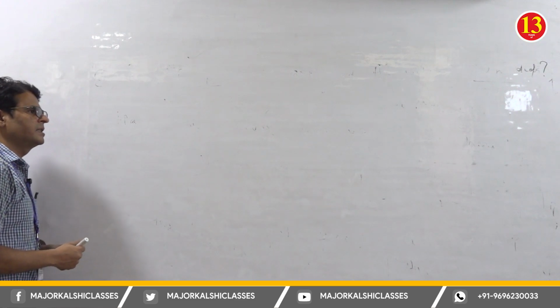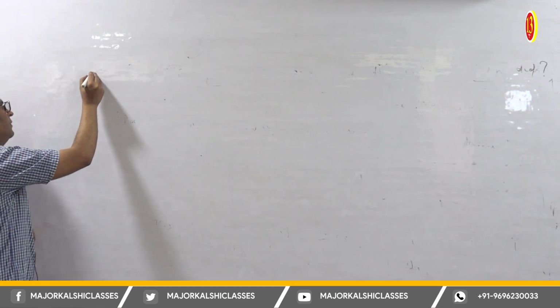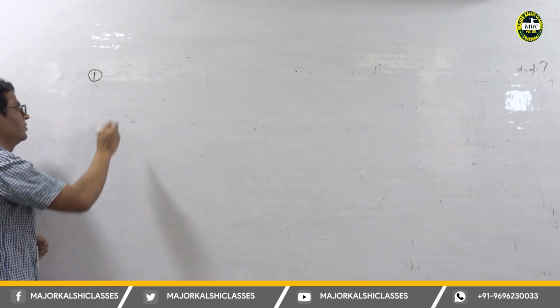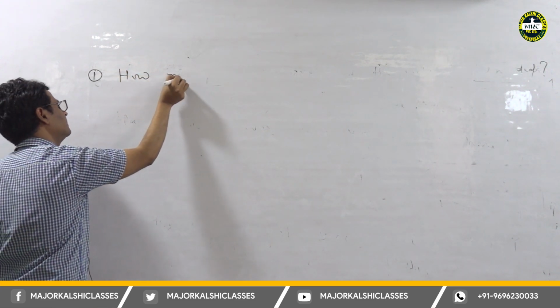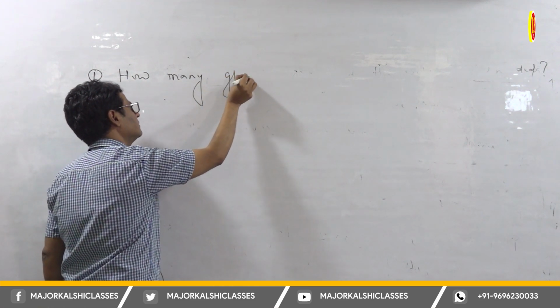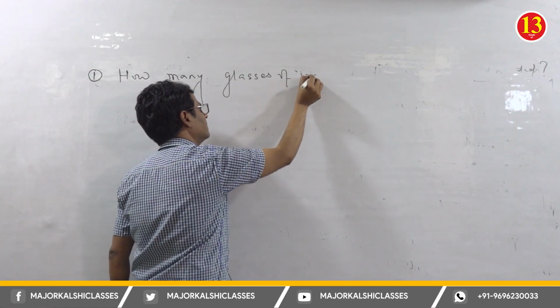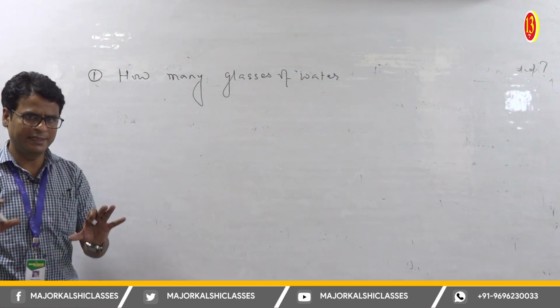I will give you some examples of how many and how much once again. I am going to discuss here WH words type interrogative. Suppose that how many glasses of water, right?